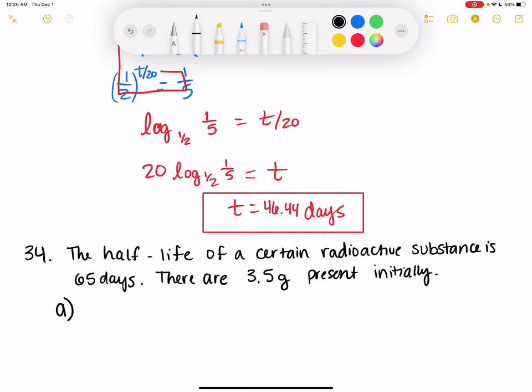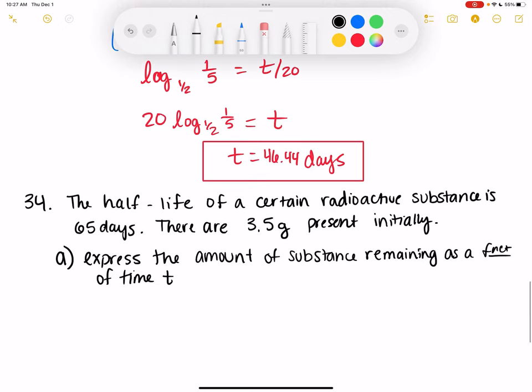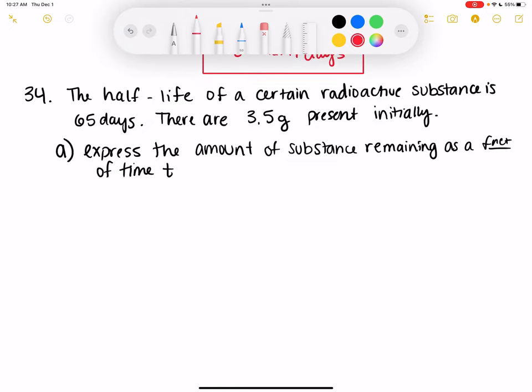So this is a two-part question. Part A says to express the amount of substance remaining as a function of time t. I'm gonna have y'all see if you can tell me what I'm supposed to do here. This is the first part of setting up the function.